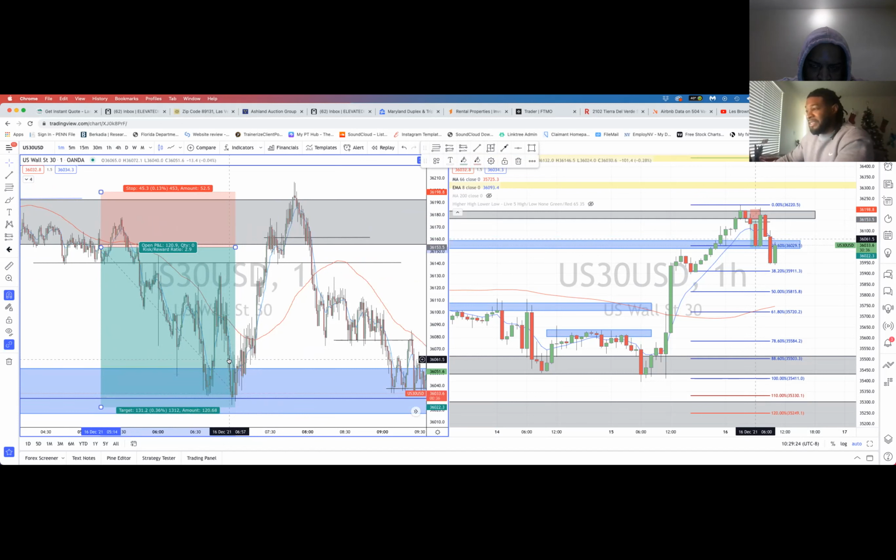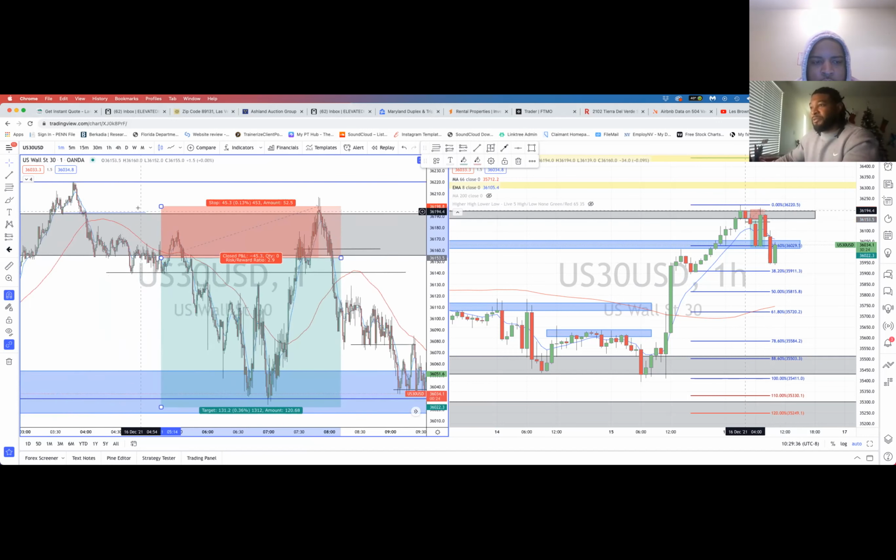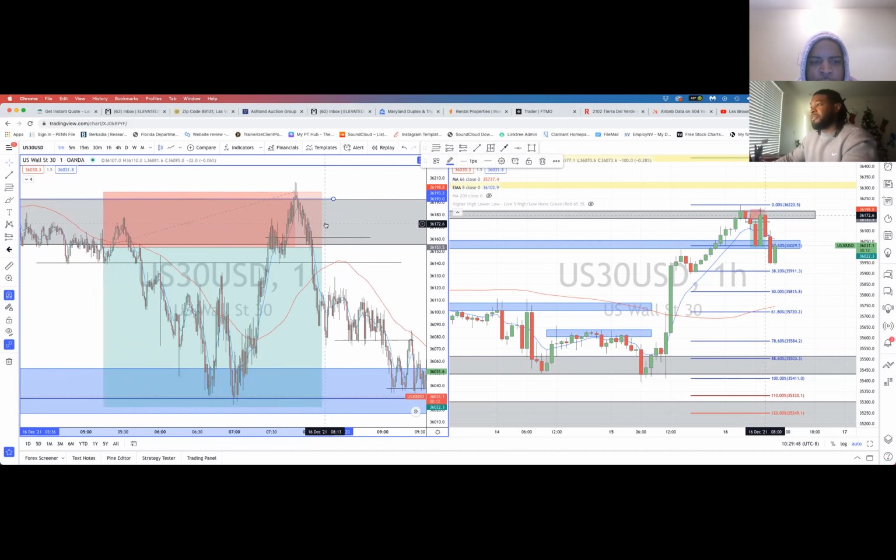And sometimes I just let it retrace and end up getting wicked out. I hold it too long thinking it may come back up and retest this original break, which it did. It came back up, and that would have been a better entry over here. But I'm getting in way over here and then holding.